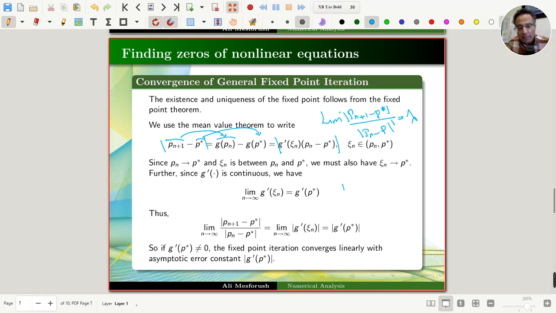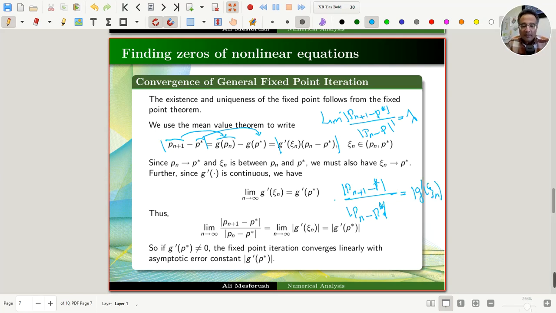In fact, we get the absolute value of Pn plus 1 minus P star over the absolute value of Pn minus P star, and this will be the absolute value of G prime of Cn.